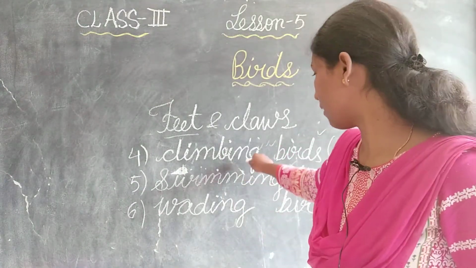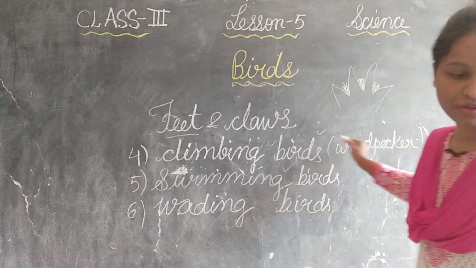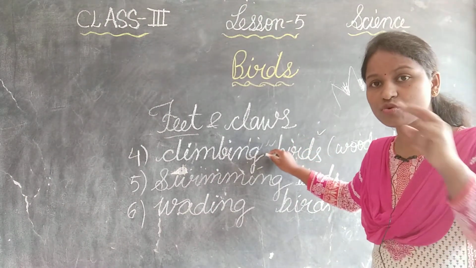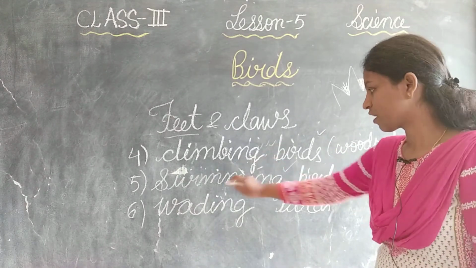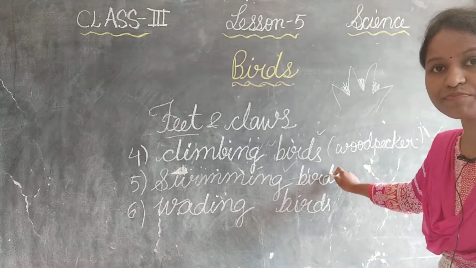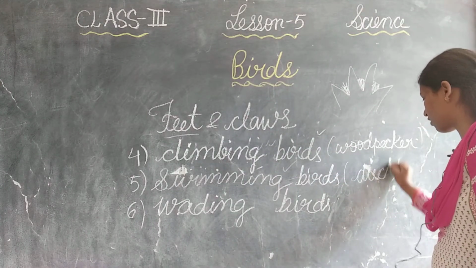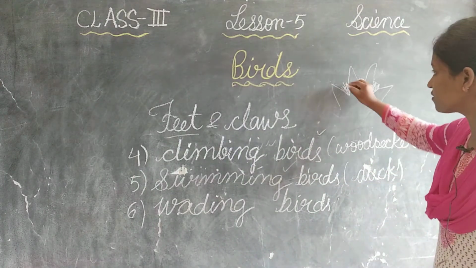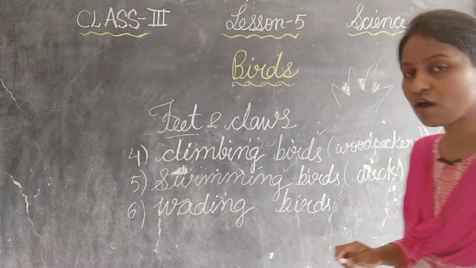Next one is climbing birds like the woodpecker, with 2 toes at the front and 2 toes at the back. Swimming birds have webbed feet, like the duck, and the skin present in between the toes helps them swim in the water.